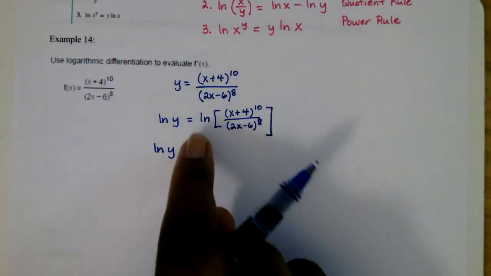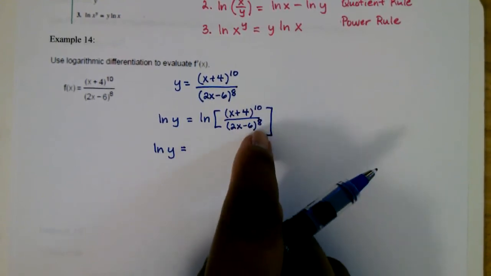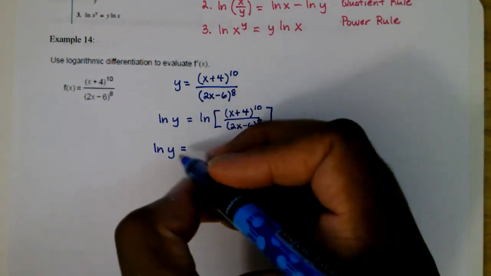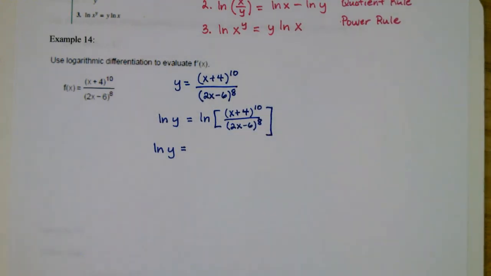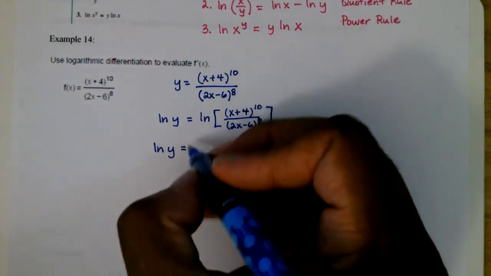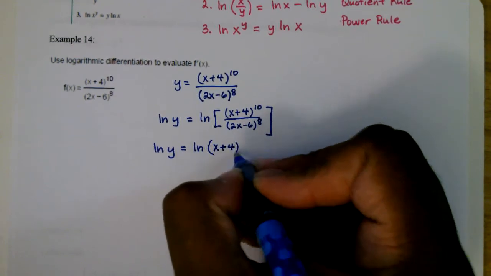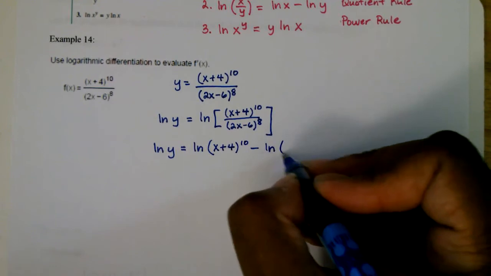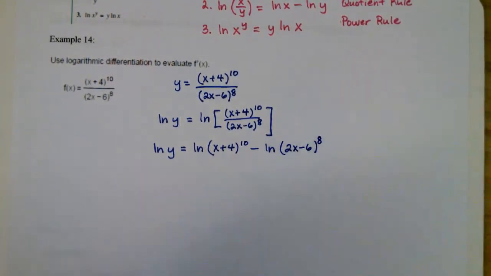And that's equal to, now notice on the right side, I have the natural log of the quotient. I have a numerator and a denominator. So I'm going to apply the quotient rule by writing this as the difference of the individual natural logarithms. So the natural log of x plus 4 raised to the 10 divided by 2x minus 6 raised to the 8 would be this, the ln of the quantity x plus 4 raised to the 10 minus the natural log of the quantity 2x minus 6 raised to the 8th.